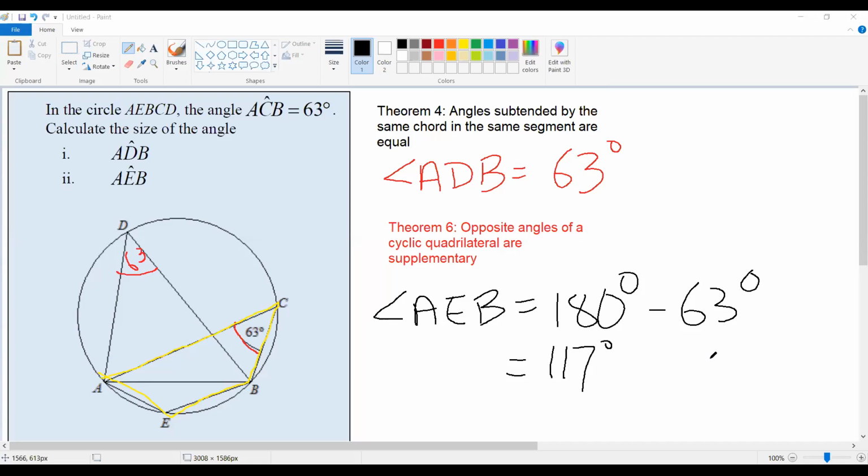Angelica? I'm confused now. But the degrees that we are using, is it degrees Celsius or degrees Fahrenheit? Celsius. Okay. Bala, what do you think? I think it's Celsius. Degrees Celsius and degrees Fahrenheit is for temperature.